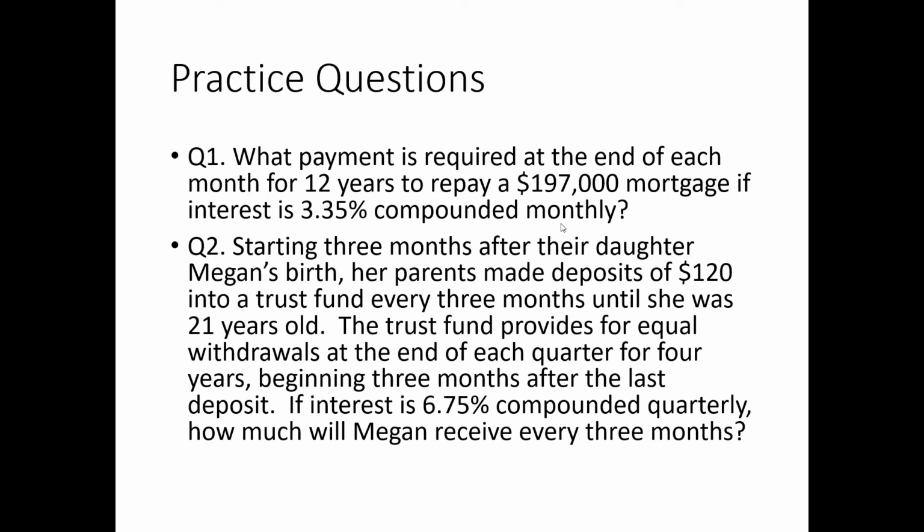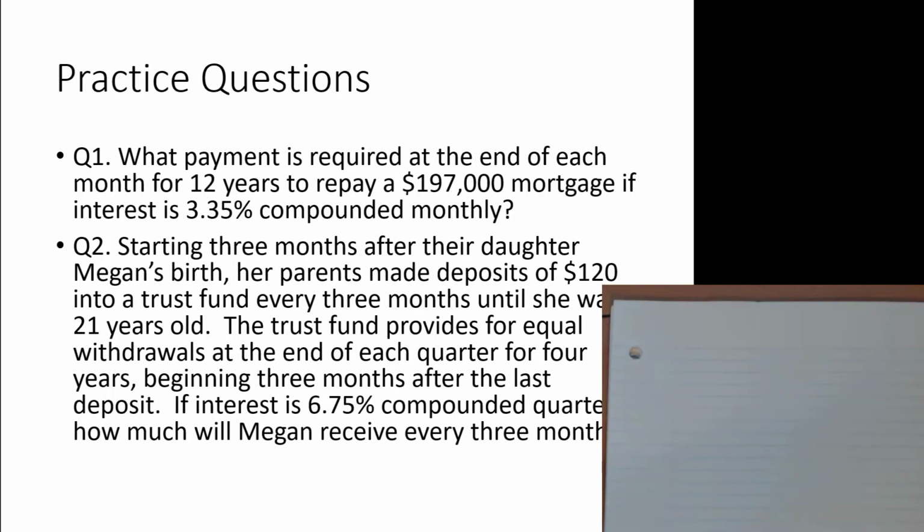All right, let's do some questions. Question 1, what payment is required at the end of each month for 12 years to repay a $197,000 mortgage if interest is 3.35% compounded monthly? So regular payment intervals at the end of a regular time period, we have an annuity.